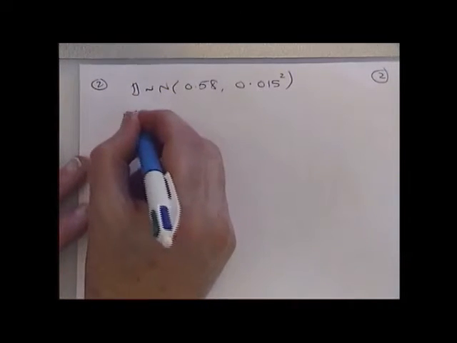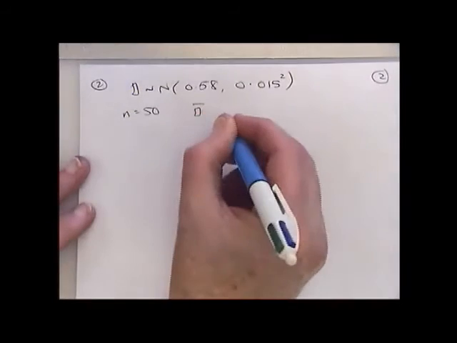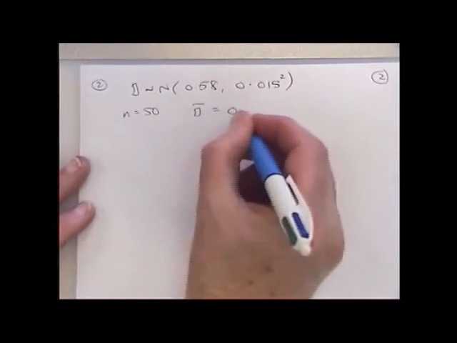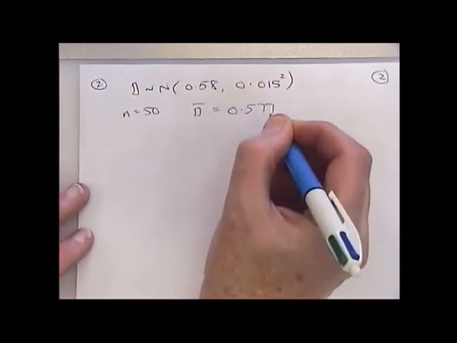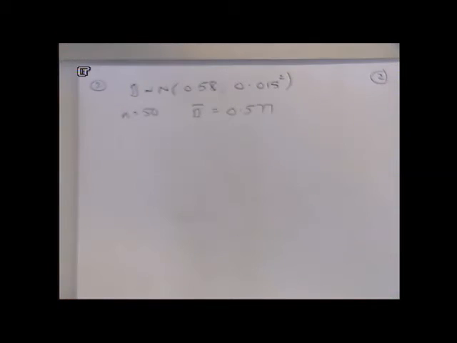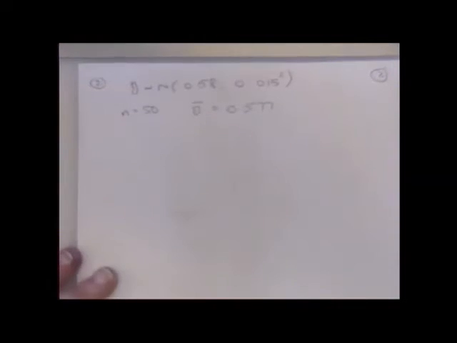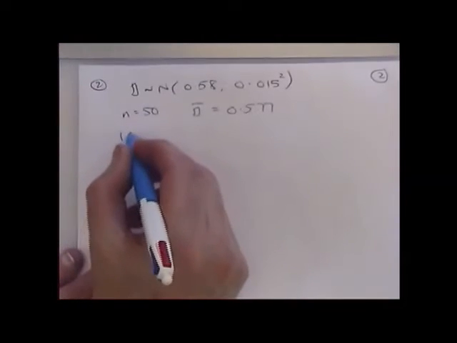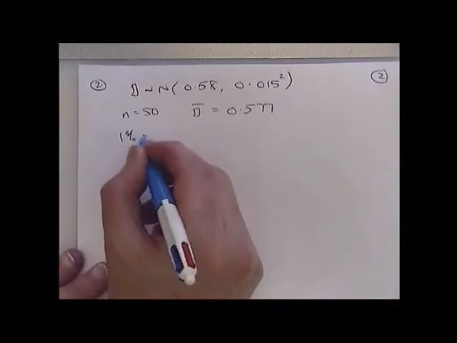We have a sample size of 50. A test statistic, our sample mean is 0.577. And we are going to test at the 1% significance level.